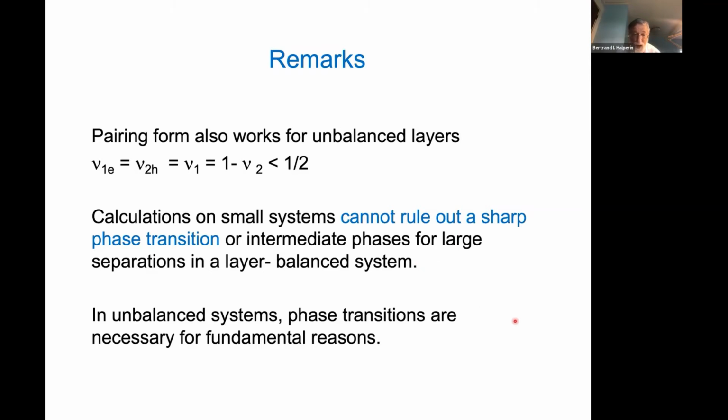I should say in the unbalanced case, we know that phase transitions must occur, because in particular, if you had say 2/5 and 3/5, then we know at large separations you have an energy gap, and at some point the energy gap disappears and there's a phase transition there. And if it's in between at some arbitrary filling factor, we know that at large separations you should really get phase separation and inhomogeneities, and that should happen.